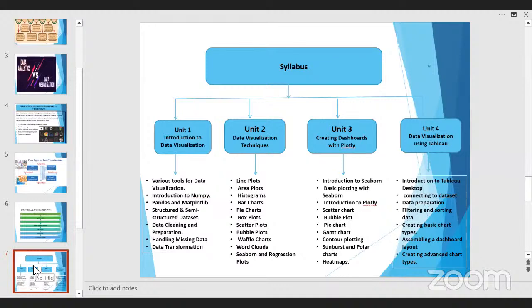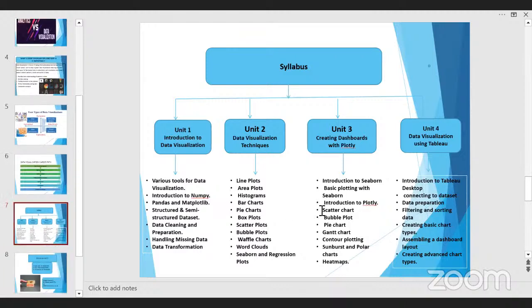We would be creating dashboards with one data visualization package, called Plotly. And the students would also be introduced to data visualization using Tableau, which is becoming very popular nowadays.